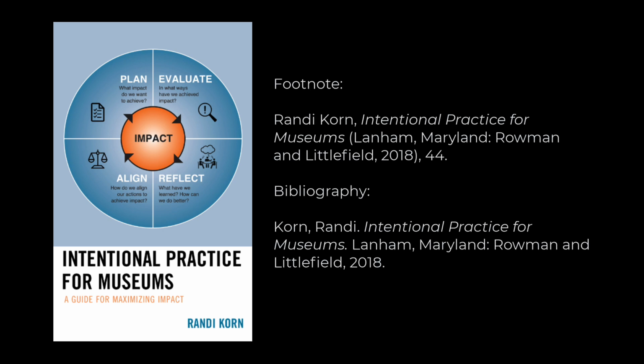So here's how it will be presented in the citation. The footnote is Randy Korn, Intentional Practice for Museums, Lanham, Maryland, Roman and Littlefield, 2018, 44. In the bibliography, it's Korn, Randy, Intentional Practice for Museums, Lanham, Maryland, Roman and Littlefield, 2018. Now notice the details. In all citations, there are 3 major parts.